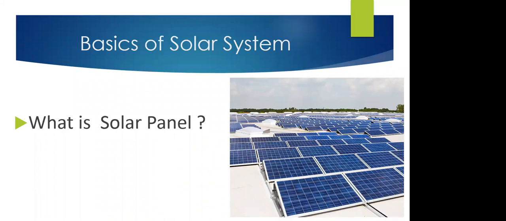A collection of PV modules is called a PV panel. What is PV? PV is photovoltaic. A PV panel, and a system of panels is an array. Arrays of a photovoltaic system supply solar electricity to electrical equipment.